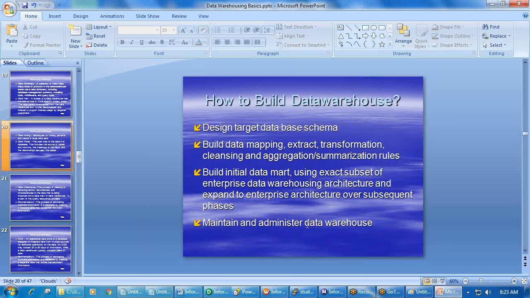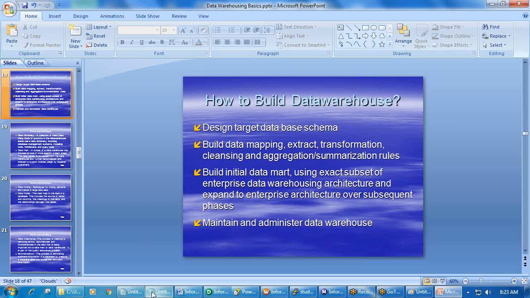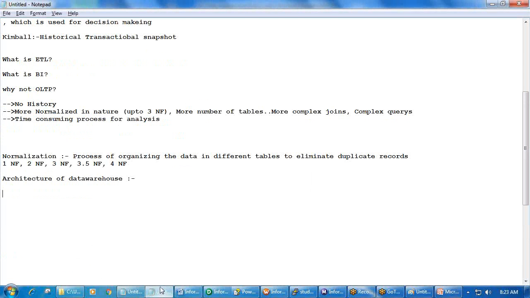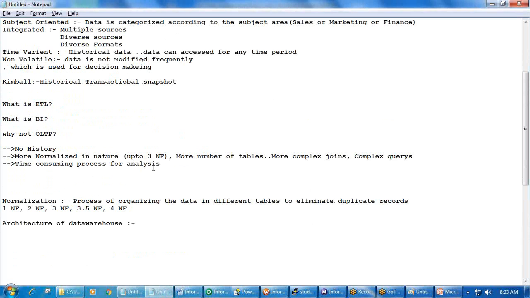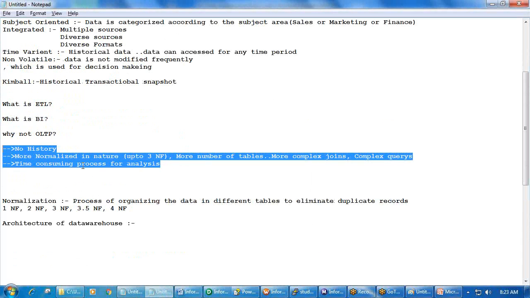It's set up to second normal form, I said, right? In the OLTP you have third normal form, and then I said it is second normal form. When I listed down all these things, I did say that all these disadvantages will be overcome.